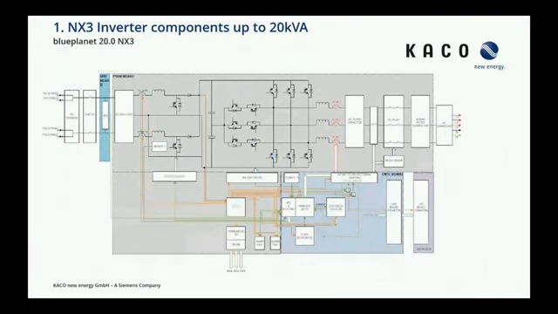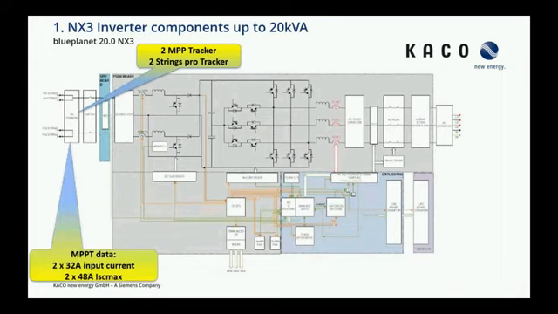And this is the last picture for the blueplanet 20 NX3. Here we have again 2 MPP trackers, but with 2 strings per tracker. And we have 2 times the biggest MPP tracker with 32 amperes input current.